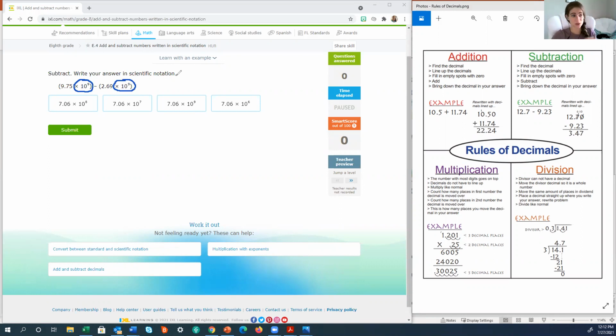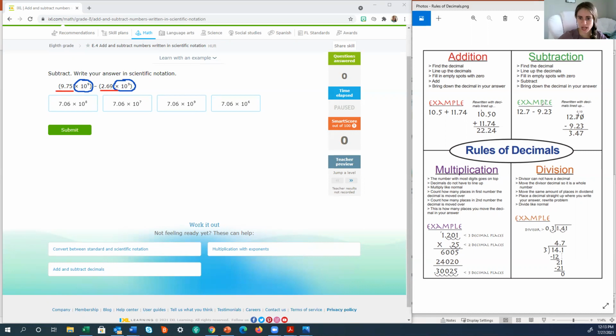This one's already set up beautifully for us because both of our values are being multiplied by 10 to the 9th. So when they are the same, all you got to do is subtract the decimals and leave your 10 to the 9th power the same. That's pretty easy, right? We're going to subtract our decimal values. And then when we're done, we'll just put a times 10 to the 9th at the end, and it'll be set.